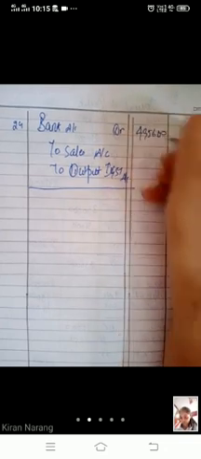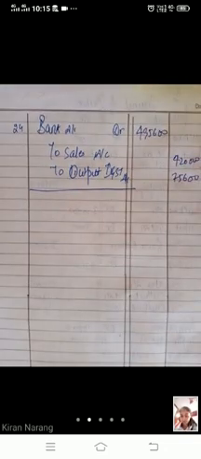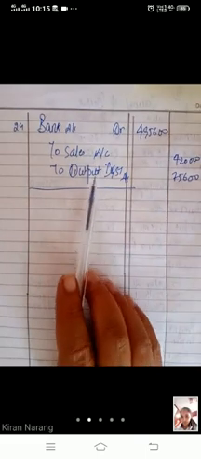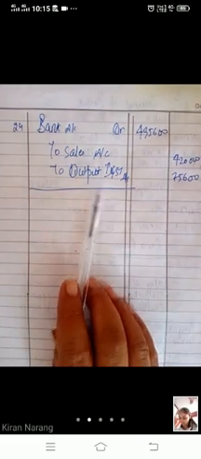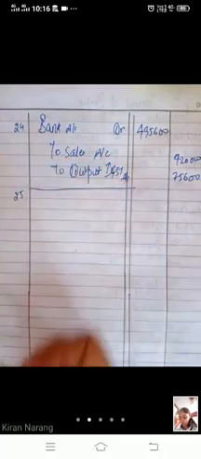Since the person was from UP, only one tax will be charged, IGST account. We have sold goods for rupees 4,20,000. They have clearly stated IGST 18%. 18% of 4,20,000 will be 75,600. Now this is your total amount which you have received. Bank to sales and output IGST, because we have sold outside the state.